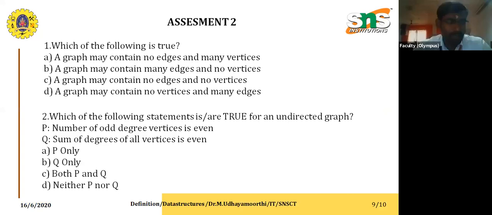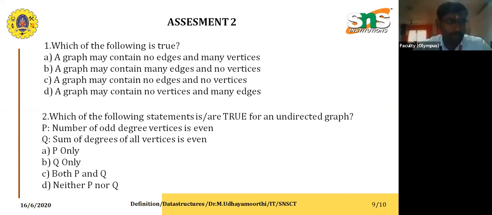The next one, a graph may contain many edges and no vertices. The third one, a graph may contain no edges and no vertices. The fourth, a graph may contain no vertices and many edges. So which one is correct?